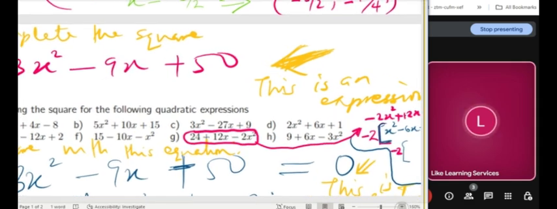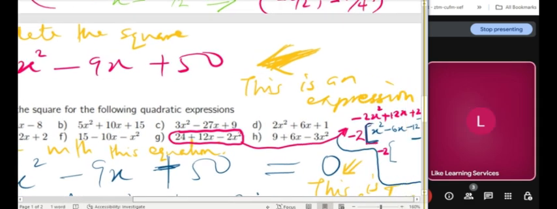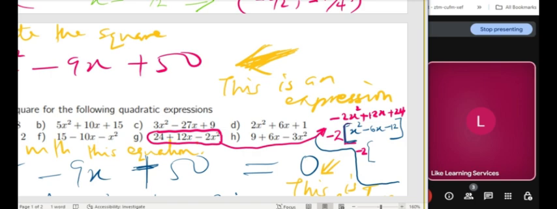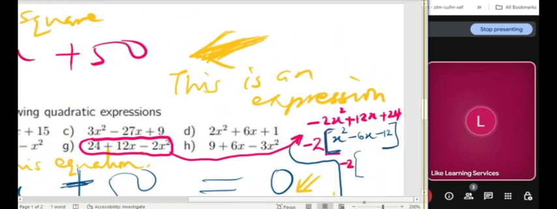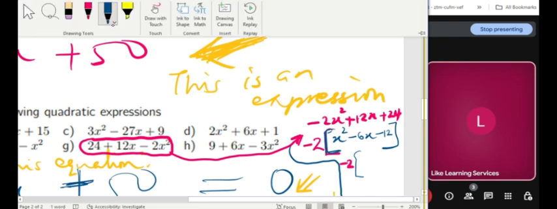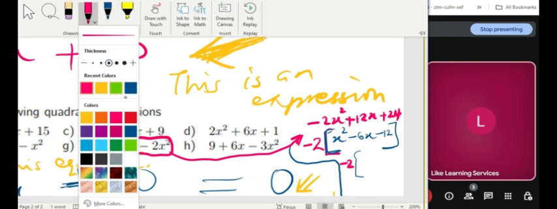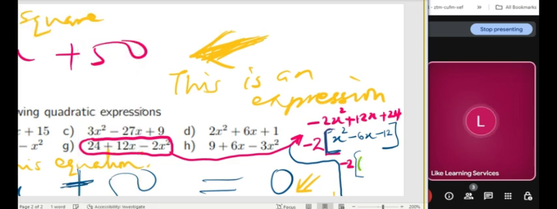Let me zoom out so that I can write easily. Then x minus, b is minus 6, so it will be minus 3, isn't it?